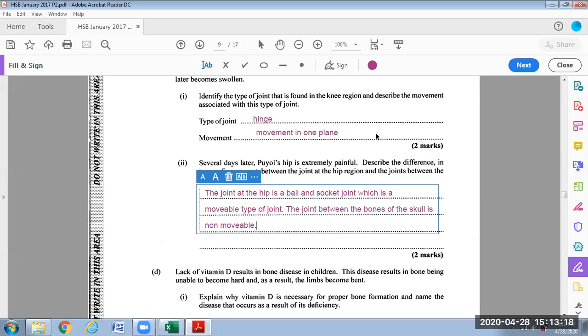All right, so that's the answer. It could say immovable instead of non-movable, which means cannot move. So that's the difference there in movement.